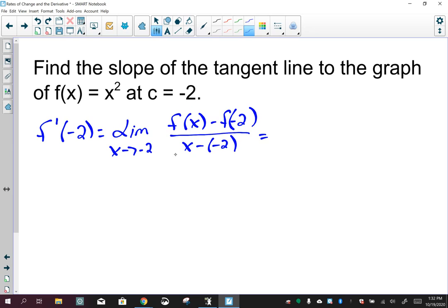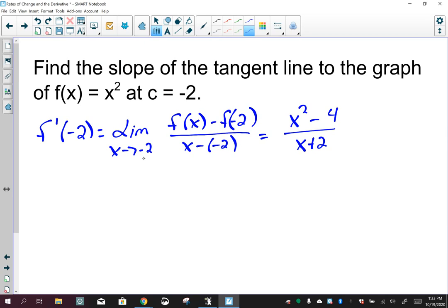Focusing on this piece, we're only going to clean this up until I get to the point where I can't do it anymore. So f of x is x squared minus f of negative 2. I plug in negative 2 here and get a 4, all over x plus 2.